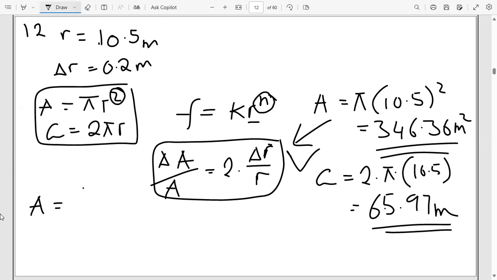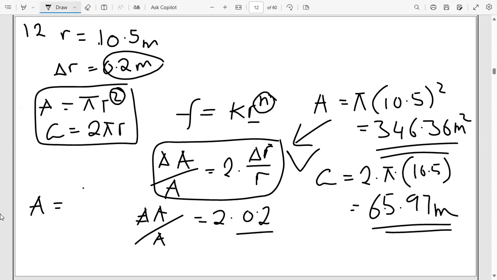Then we have our radius, just like that. So we have 2 here, then we have the uncertainty in radius, which we already have. So uncertainty in area over area will be equal to 2 multiplied by 0.2, which is the uncertainty in radius, divided by the actual magnitude of our radius, which is 10.5, like this.